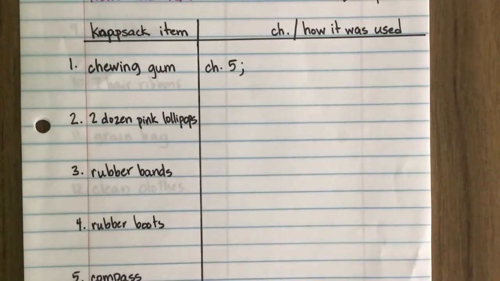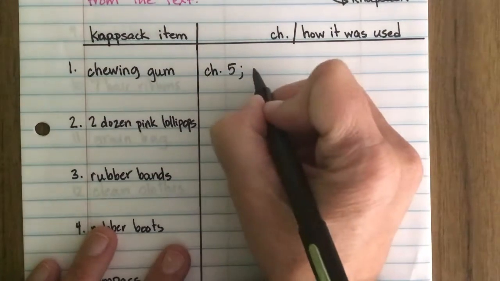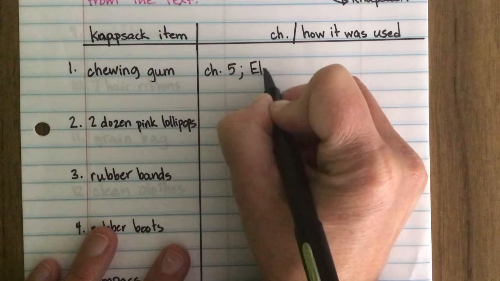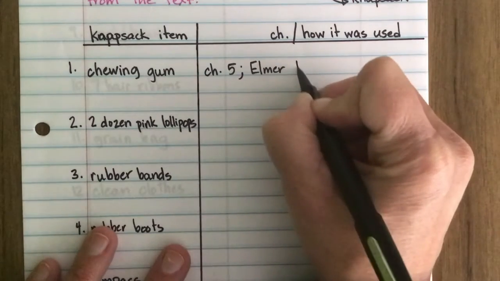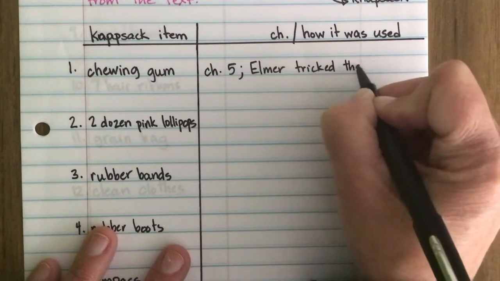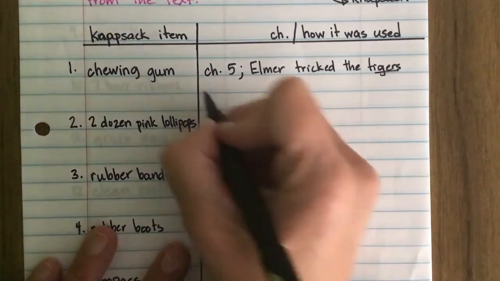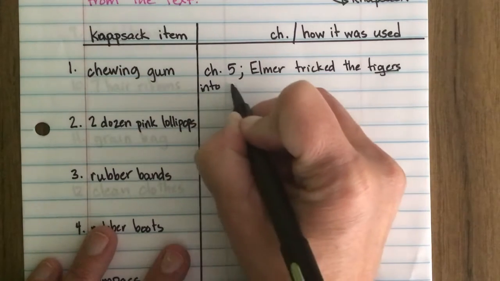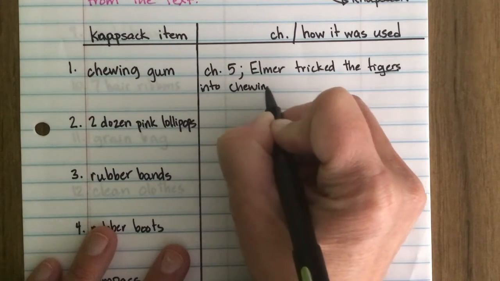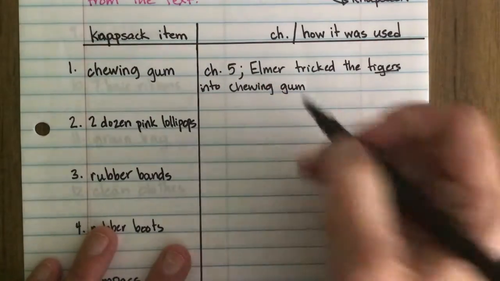So let's look back. Okay, so what did he do or how was he used? Elmer tricked the tigers. That's important because who did he trick? He tricked the tigers into chewing gum rather than doing what?